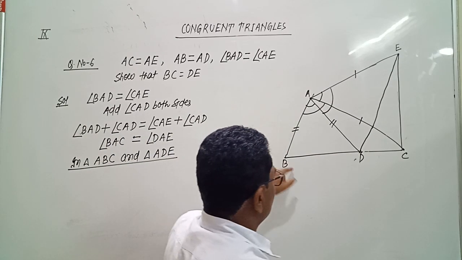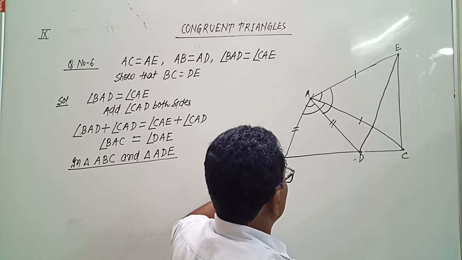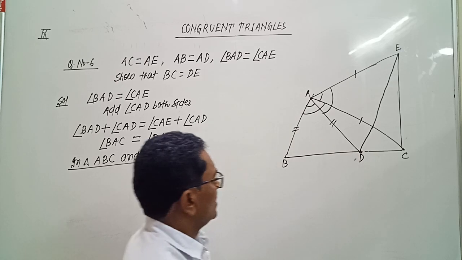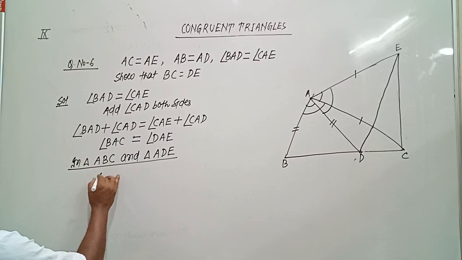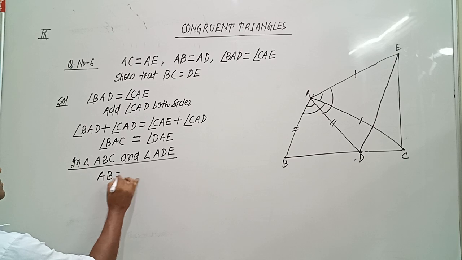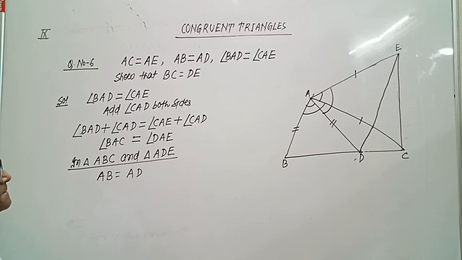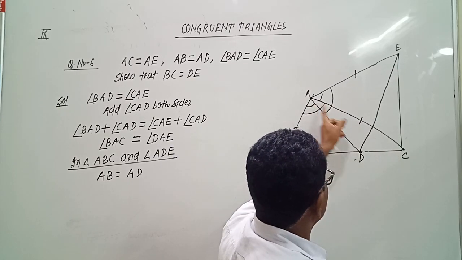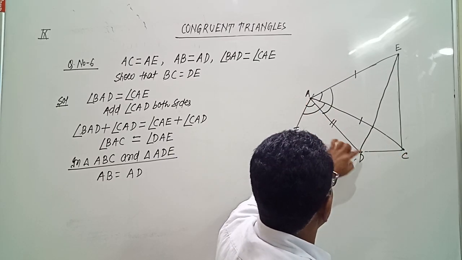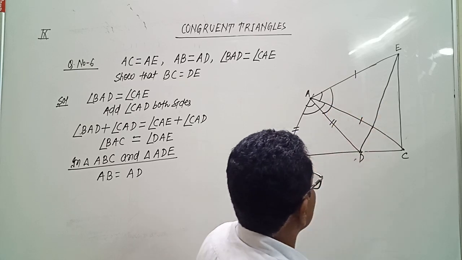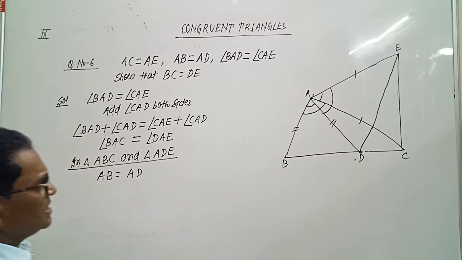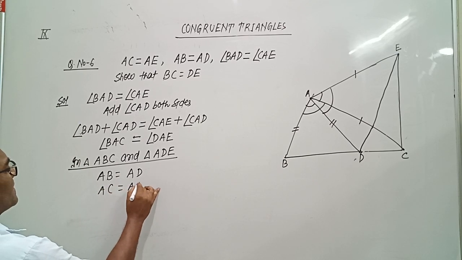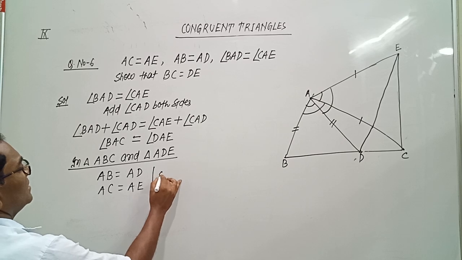So in triangle ABC, side AB, and in triangle ADE, side AD, we have given equal. So side AB equals side AD. And in triangle ABC, side AC, and in triangle ADE, side AE, this is also given equal. So AC equals AE, given.